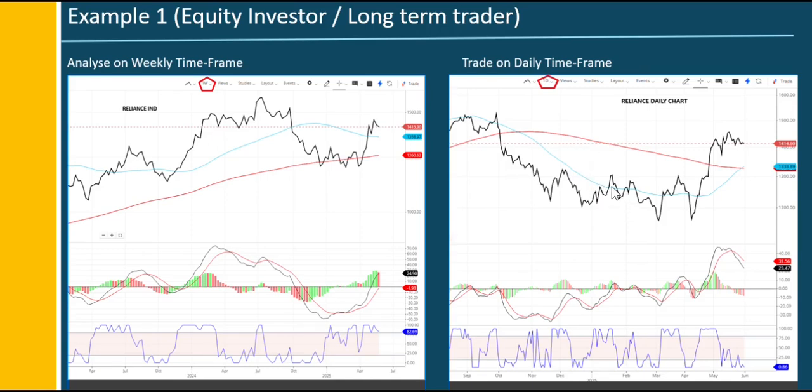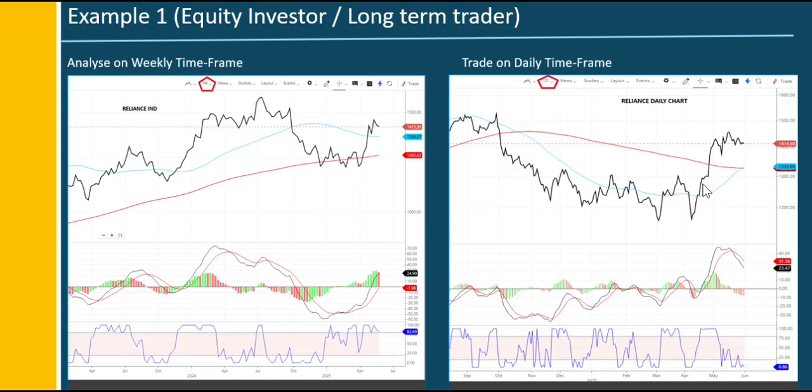SMA line. So my first buy will be around this area where I see prices are starting to cover up and starting to touch the 50 SMA. Then again, I will slowly start accumulating based on our Nifty SMA.